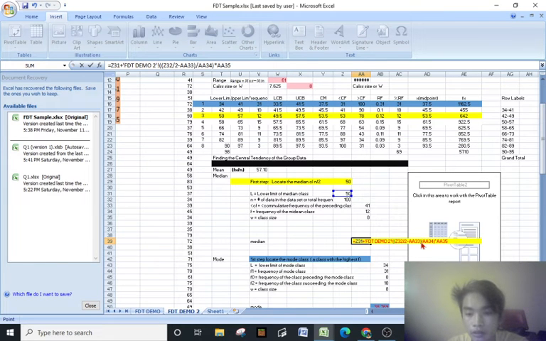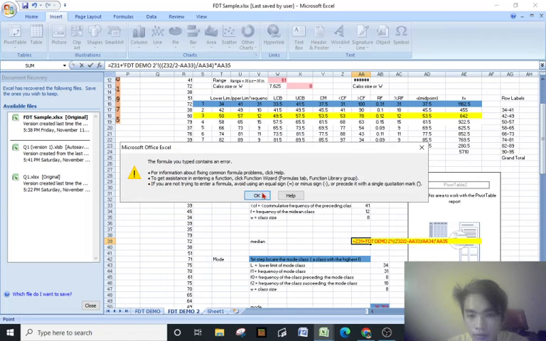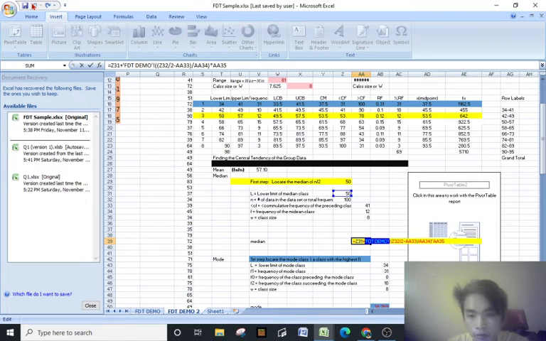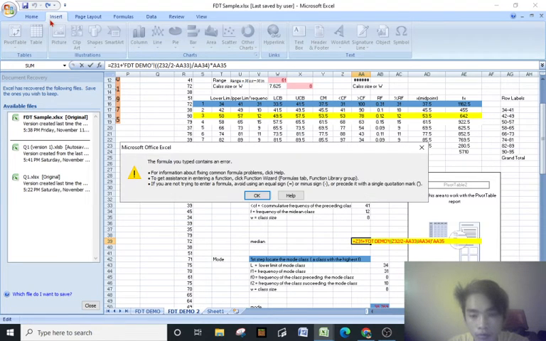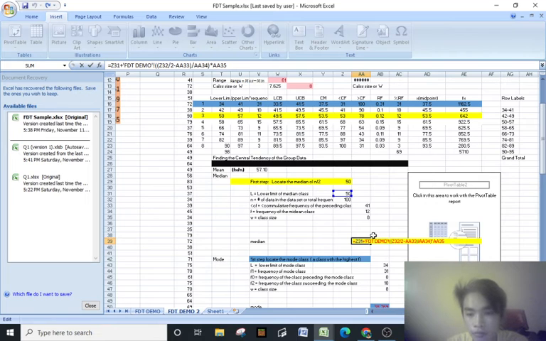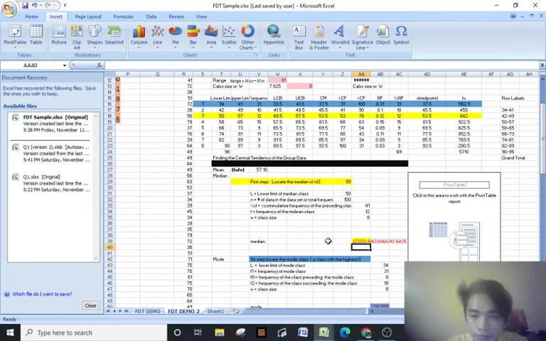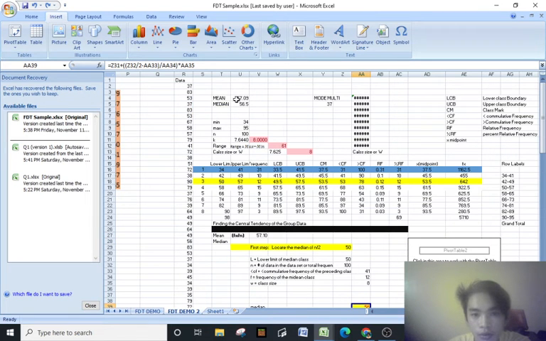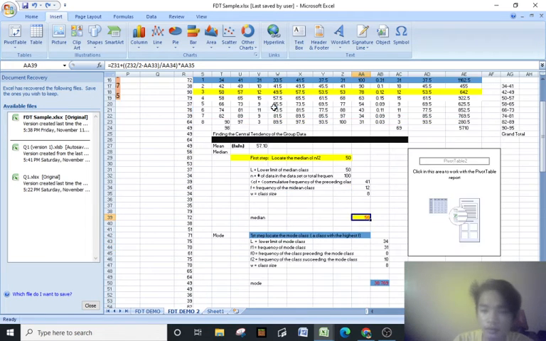Click enter. It generates 56. So the median by this procedure is 56, close to 56.5. So they are the same.